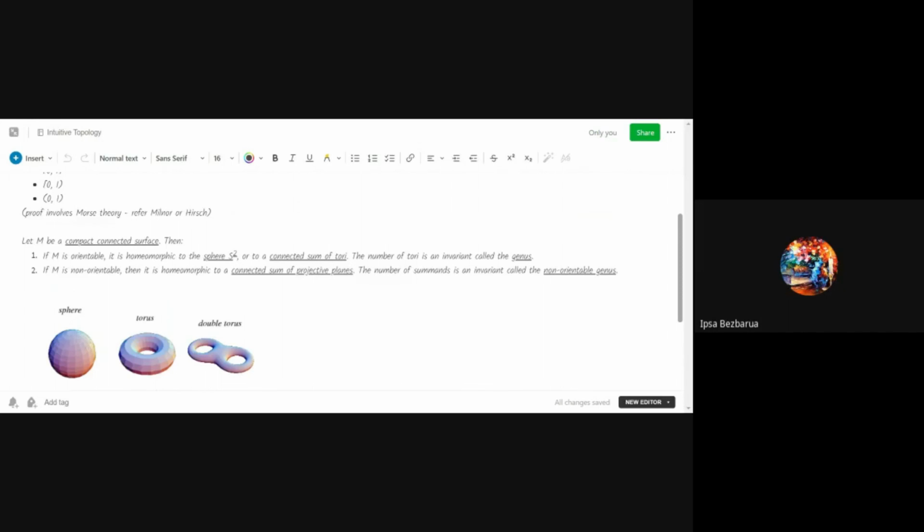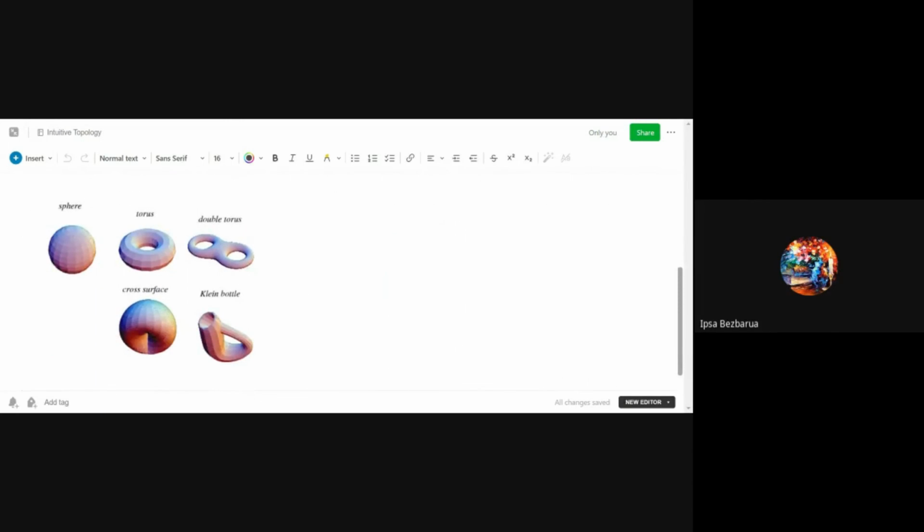And basically, if I have a surface that is not connected but it's compact, each of the disjoint components is going to be a compact connected surface in itself, and hence I can understand the properties of all of those disjoint components of the surface. So basically I can understand any property of a compact surface.